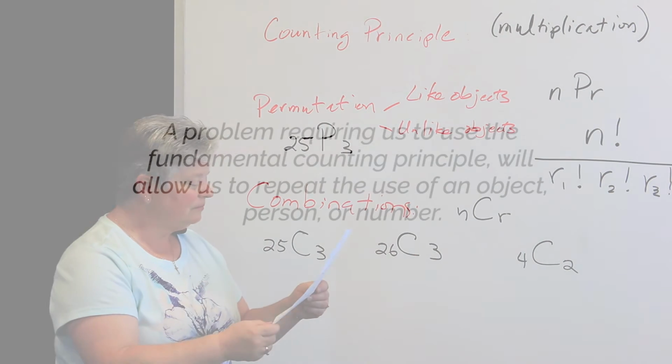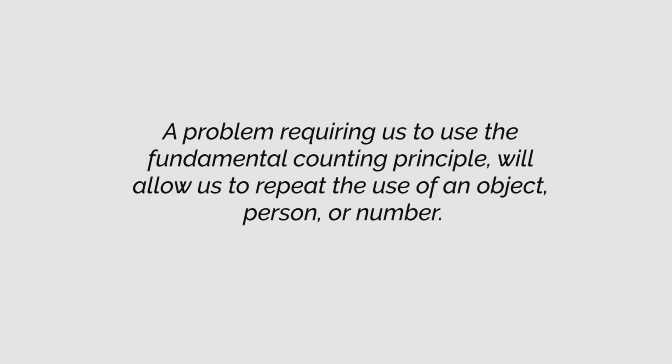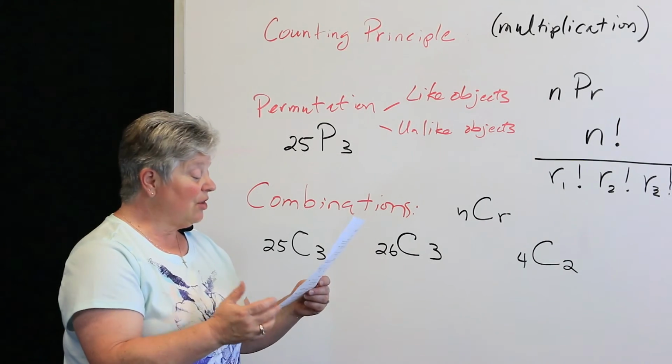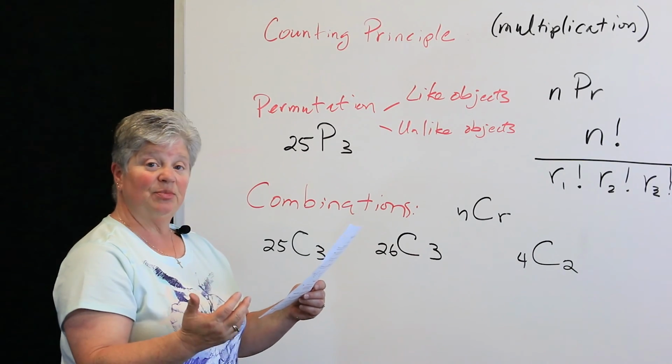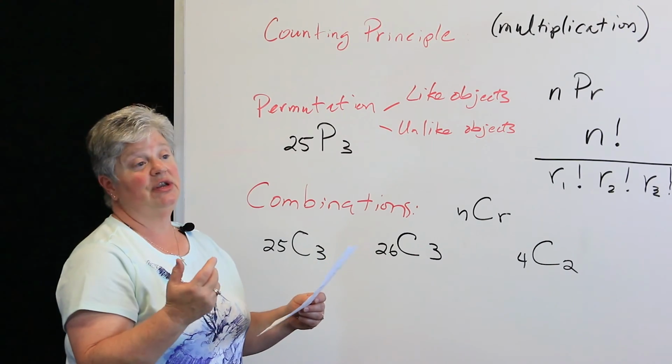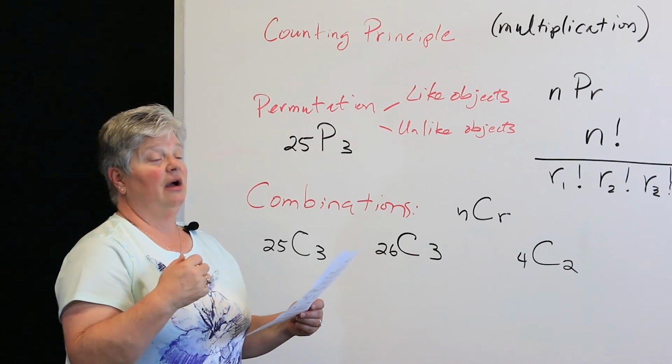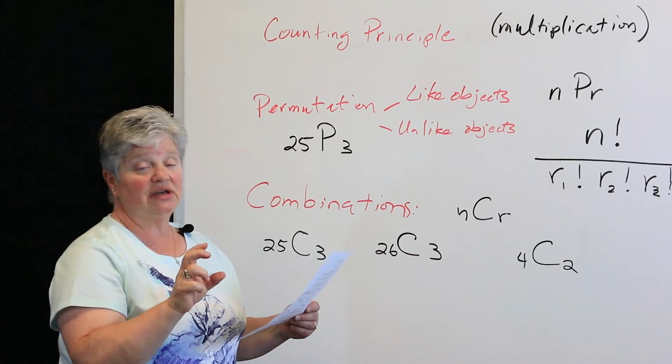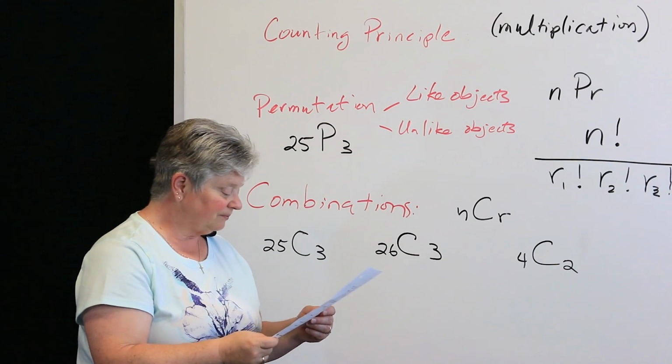A problem requiring us to use the fundamental counting principle will allow us to repeat the use of an object, a person, or a number. So classic examples are license plates, phone numbers, choosing ice cream, going to Starbucks. Those are classic counting principle.